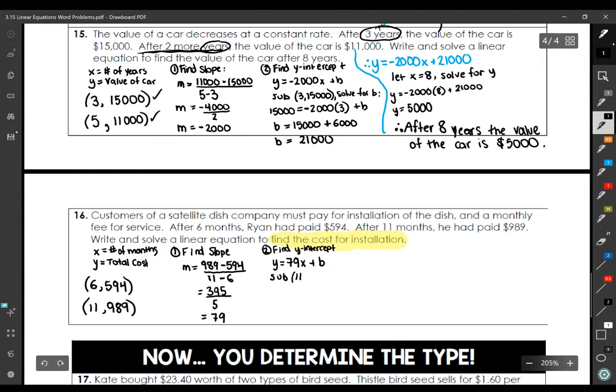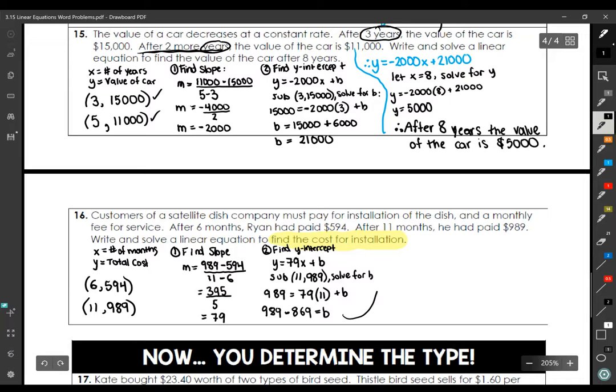So substitute 11, 989 and solve for b. Okay, so 989 is my y, 79 times 11 plus b. So b is equal to 989 minus 79 times 11, which is 869.